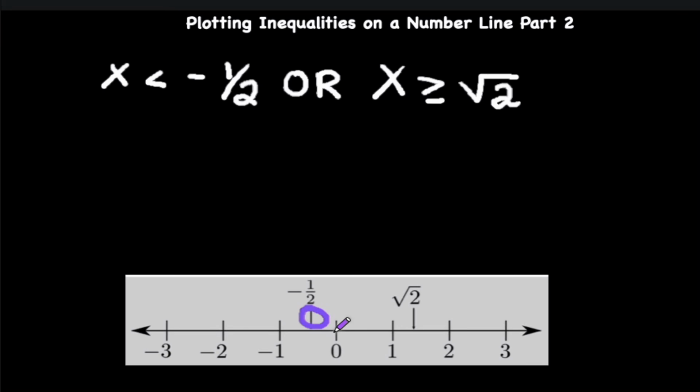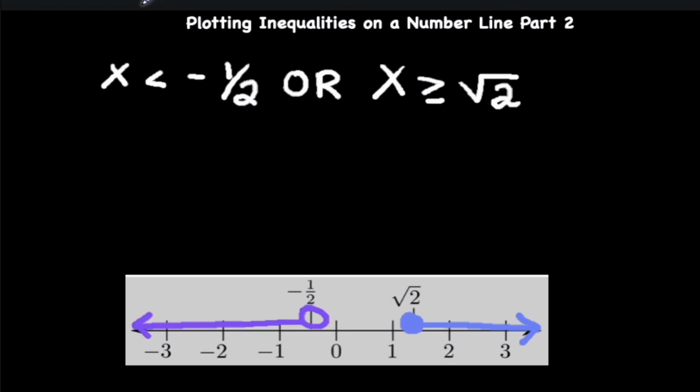It's going to be an open circle, and it's going to be shaded towards the left. Or x is greater than or equal to the square root of 2. Let's plot our point here. Remember, this is going to be a closed circle, and is greater than or equal to the square root of 2. That means it's going to include the square root of 2, right? So we're going to shade towards the right. Notice they're going in opposite directions.